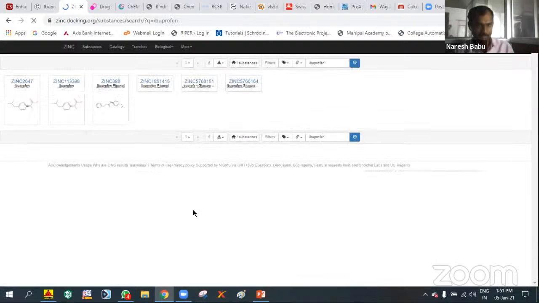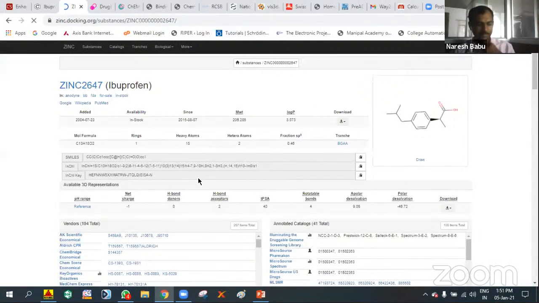As we saw in PubChem, that much information we cannot get here. But we get information related to the compound like molecular weight, log P, molecular formula, number of rings, heavy atoms, activities related to the compound, predictions based upon the ChEMBL and scaffold of the compound, and clinical trials, what has happened to that particular drug.